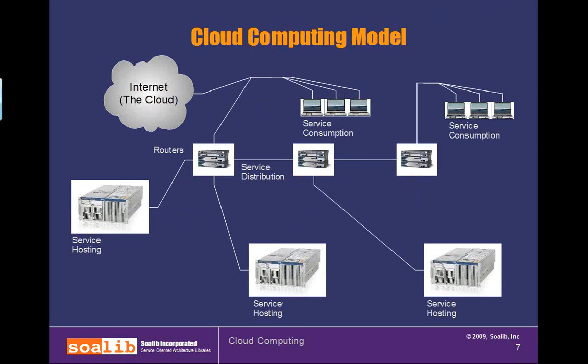Now, how is it related to grid computing? In cloud computing, resources are scaled in a similar way, just like grid computing and the electrical grid. Now, power stations are replaced by hosting servers, and the high-tension poles are replaced by routers.